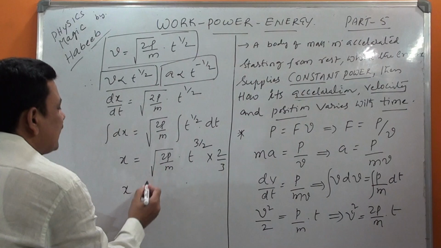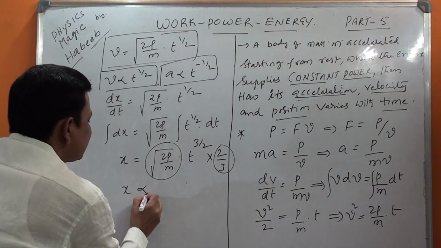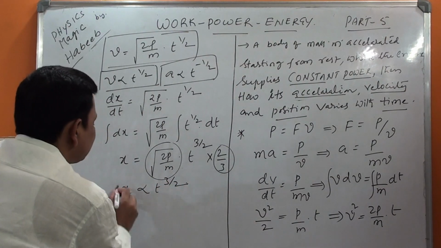Therefore x, with these as constants, is proportional to T power 3 by 2.